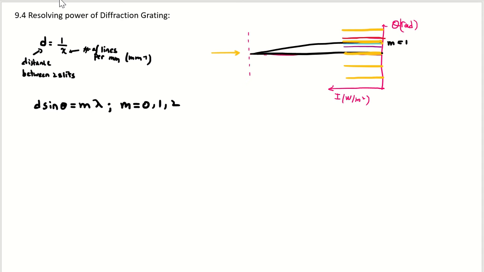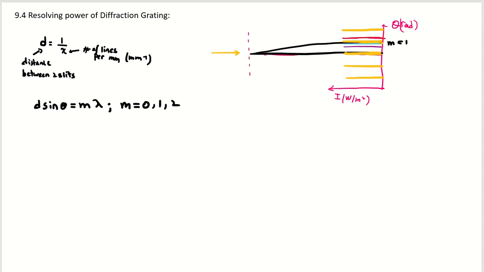So if I would like to find the angular separation between two colors, if there are two wavelengths very close to one another in value, then the spikes are going to be very close to one another. Maybe there's a red and another red of a slightly different wavelength.